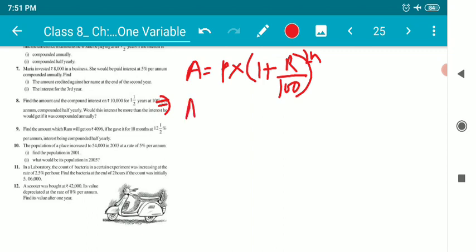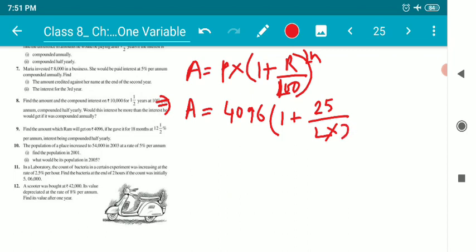So children, what I'll write, amount is equal to principal 4096 into 1 plus r, means 25 by 2, because 12 1 by 2, if you convert this mixed fraction into improper fraction, it will be 25 by 2, and down there is 200, whole to the power of the number of 6 months. There are 3 six-month periods in 18 months, so the power will be 3.